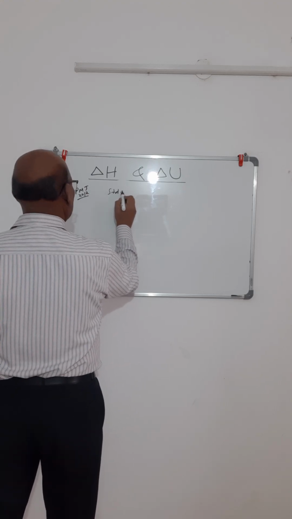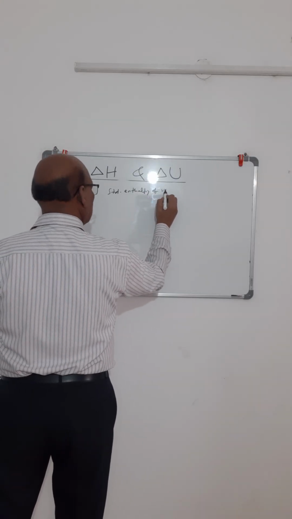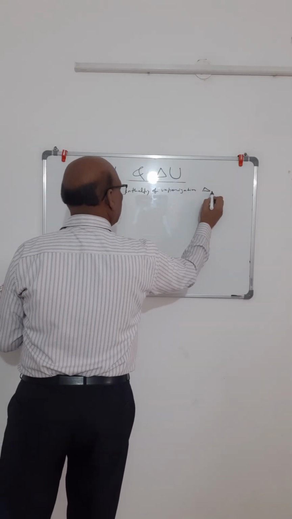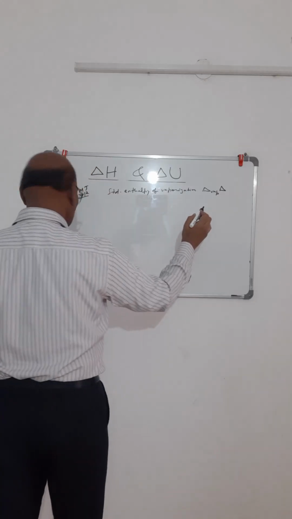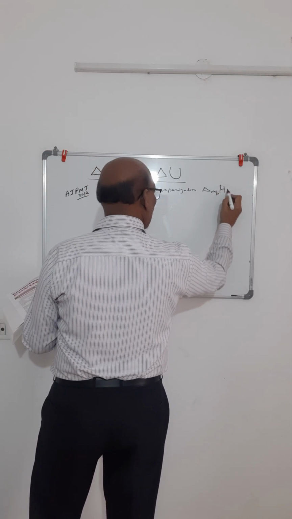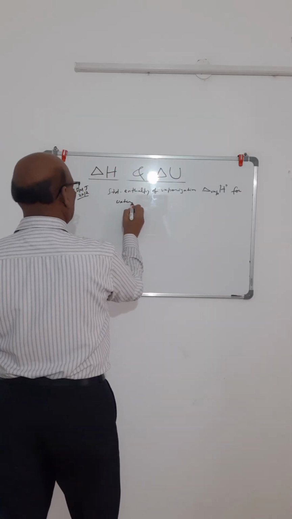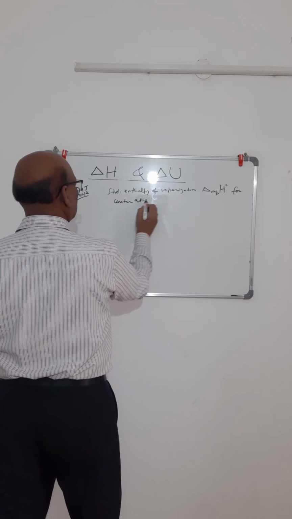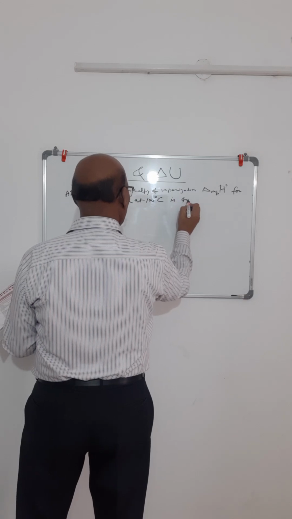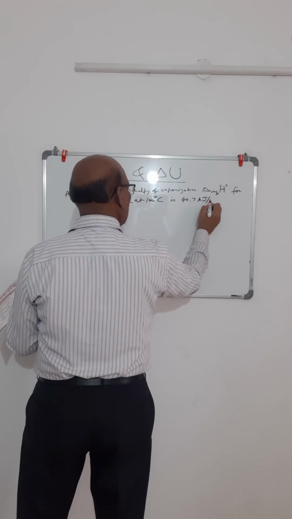Standard enthalpy of vaporization, that is delta vaporization H naught, for water at 100 degrees Celsius is 40.7 kilojoule per mole.